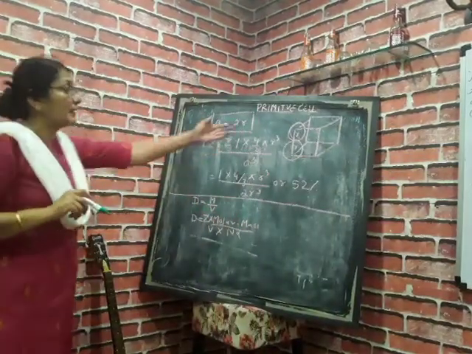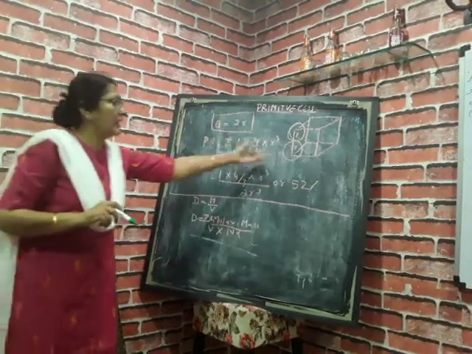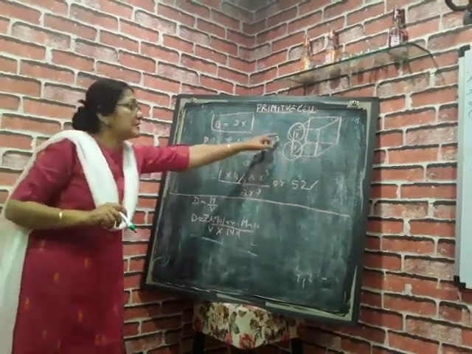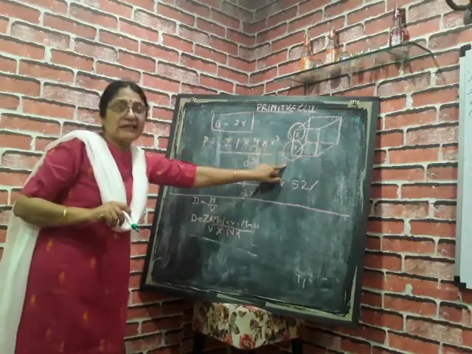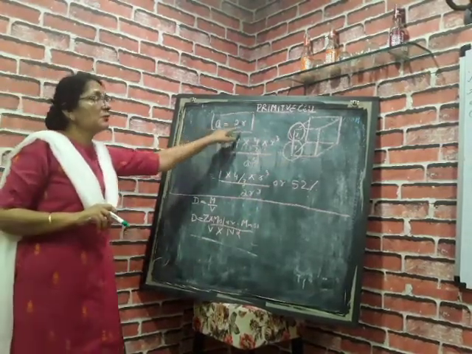By looking at the diagram I can say any edge length A is equal to R plus R, that is 2R. So A is equal to 2R.